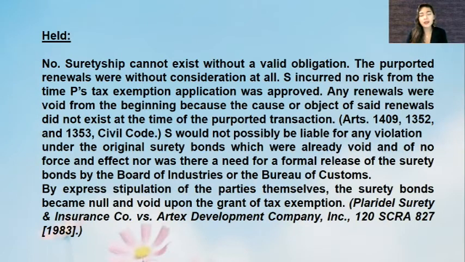By express stipulation of the parties themselves, the surety bonds become null and void upon the grant of tax exemption. So this is the case of Plaridel Surety and Insurance Corporation versus Artex Development Company Incorporated, 120 SCRA 827.